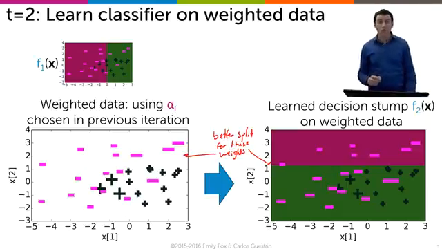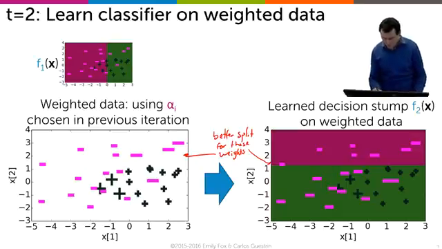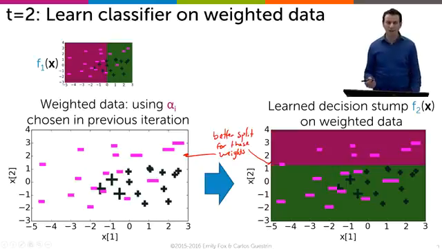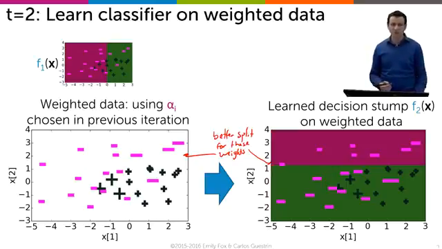And it's kind of cool. So in the first iteration, we decided to split on x1. In the second one, we split on x2. This is like x2 greater than or less than about 1.3 or so. And you'll see that it gets all the minuses correct on top, but it makes some mistakes on the minuses in the bottom, but it gets all the pluses correct in the bottom. So as opposed to the vertical split here, we now have a horizontal split.